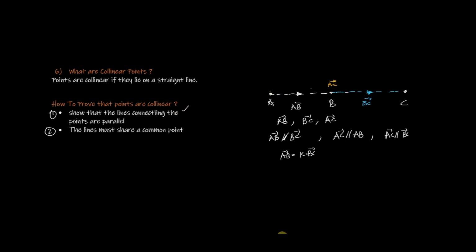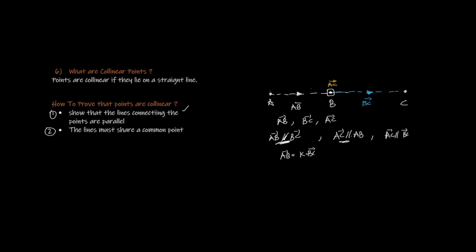When we start looking at problems, for the second condition, what does it mean that the lines must share a common point? Well, AB and BC share this point. A to B, this point is common to AB. BC, this point is common to BC. So B would be a common point if I was considering this pair. If I was considering AC and AB, then I would expect A to be common between the 2 of them. And if I'm considering AC and BC, then C would be common.